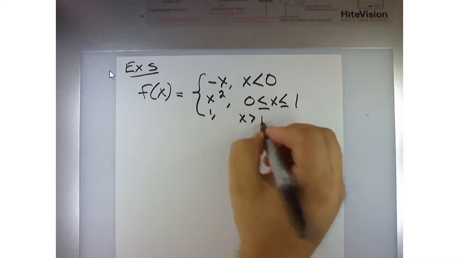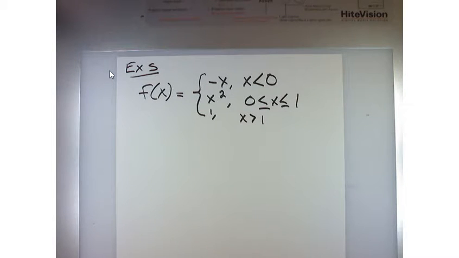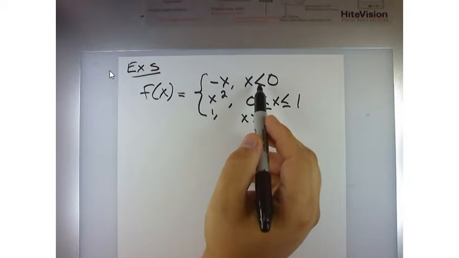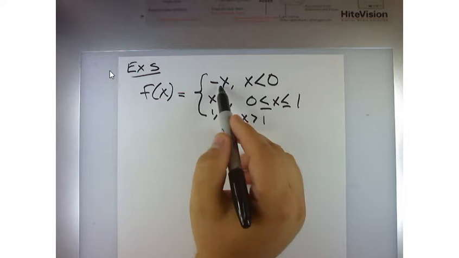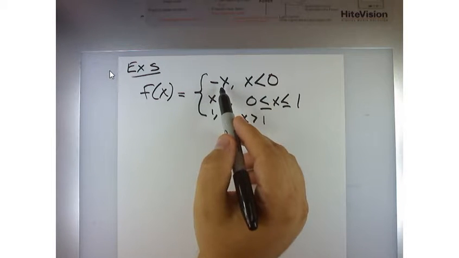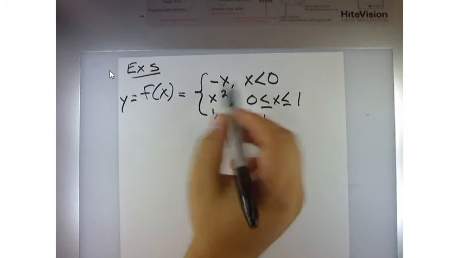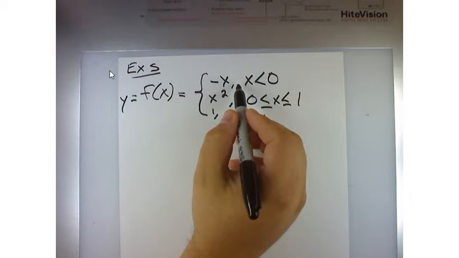So sometimes Mr. Adams will talk about a relative domain. So for example, for any value of x that is less than 0, we will determine the mathematical relationship of y as being the negative value of x.